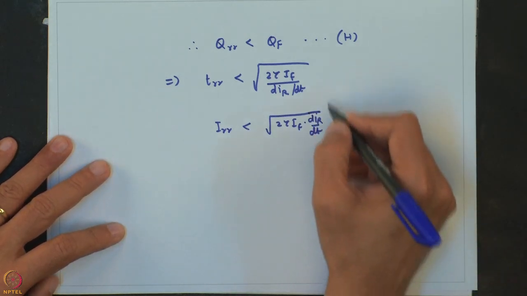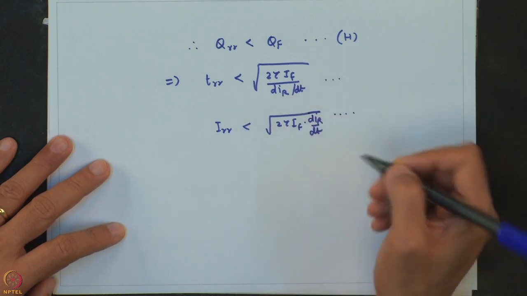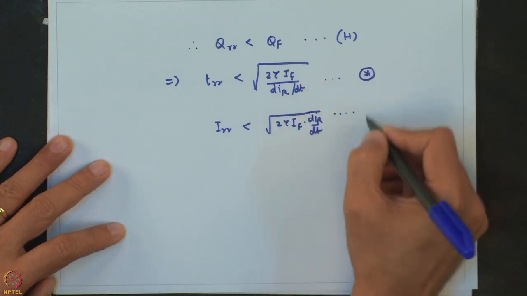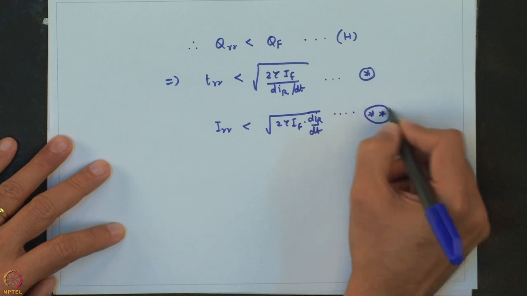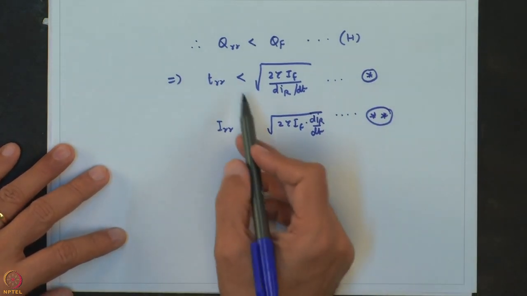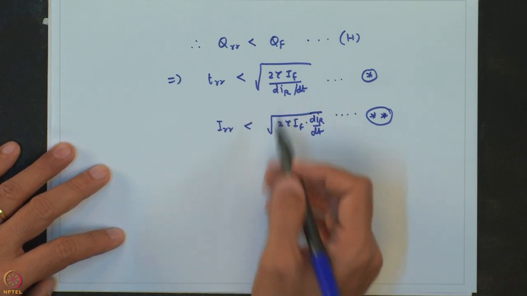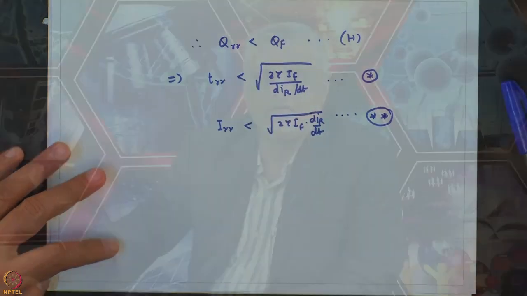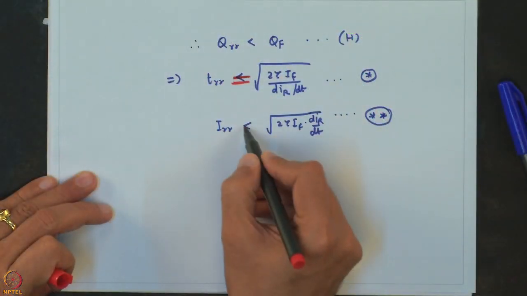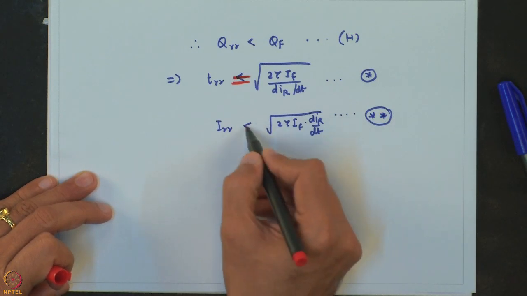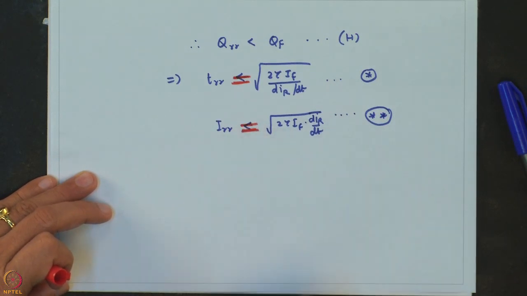These are very nice and compact relations that we have got. Let us call these two expressions star and double star. Both of them are inequality expressions, but in the worst case we can just replace the less than signs by an equal to sign.